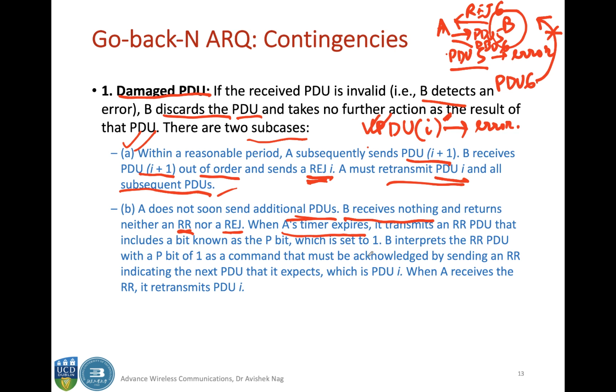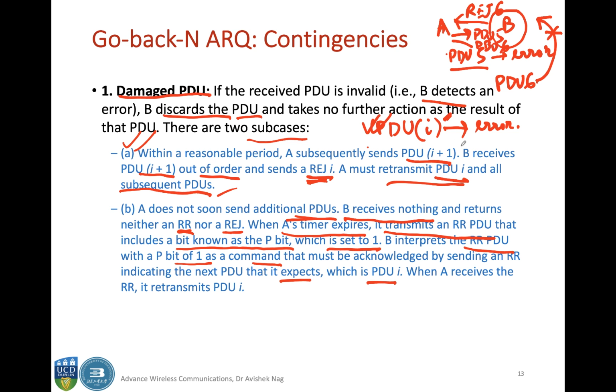When A's timer expires, it transmits an RR PDU that includes a bit known as the P bit, which is set to 1. B interprets this RR PDU with a P bit of 1 as a command that must be acknowledged by sending an RR indicating the next PDU that it expects, which is PDU I.